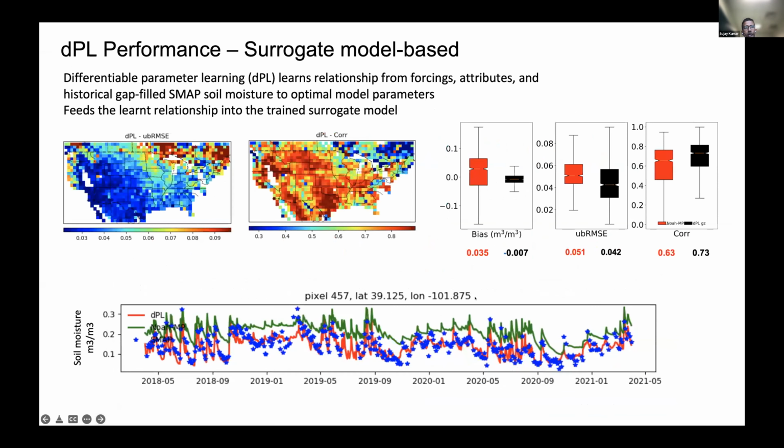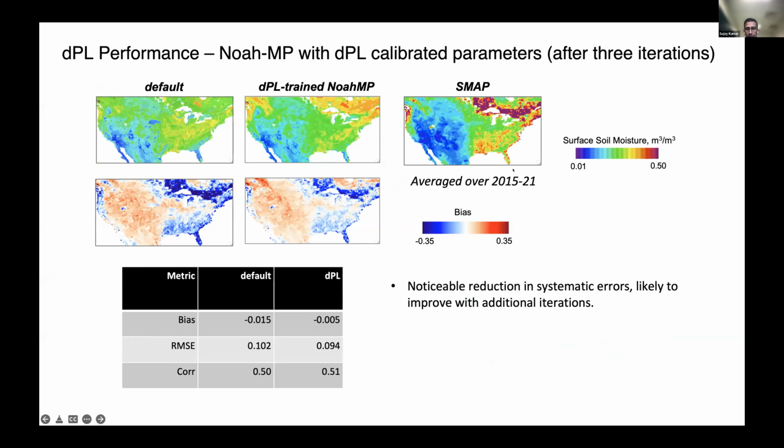Using the emulator model, we can learn these parameters and address the bias. These box plots show the performance of the surrogate model. Essentially, the bias is reduced significantly, which is what the calibration effort is trying to do. And then once the parameters are developed, we transfer that over to Noah-MP.